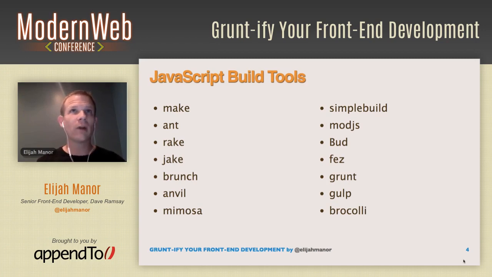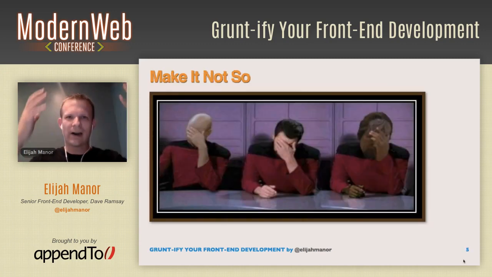Gulp is a newer one you've probably heard of. And really, they both could do the same things. It's just how do you like to automate your stuff? And Broccoli is a new one. I haven't even used that, but that sounds funny. But anyway, it kind of makes you pull your hair out or do a triple palm face. Like, hey, let's just pick one and use it well.